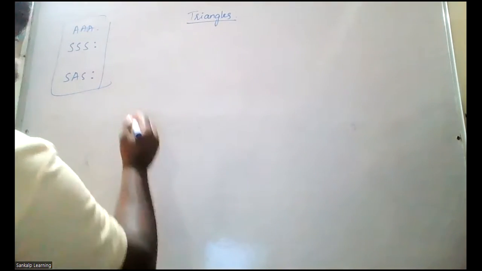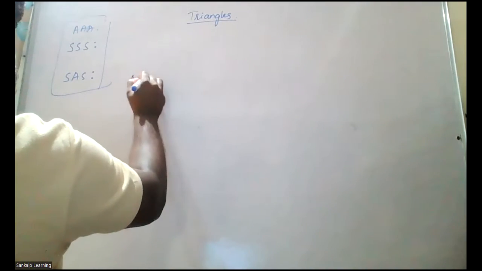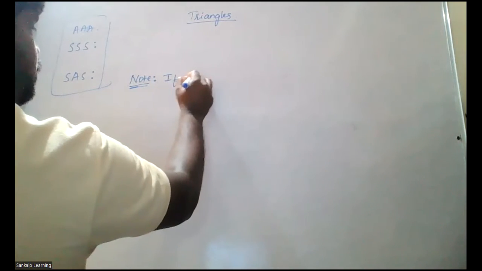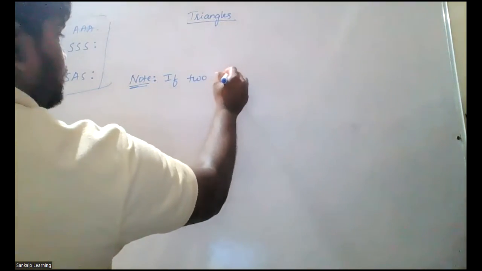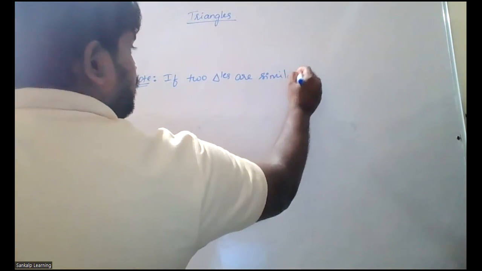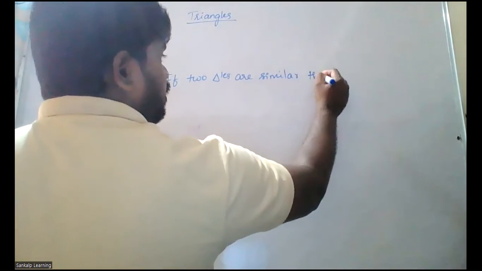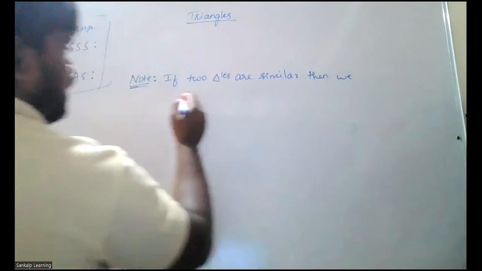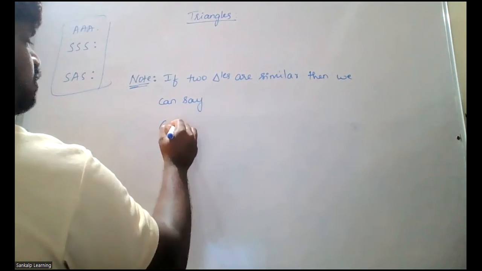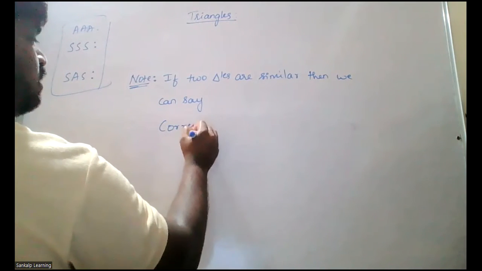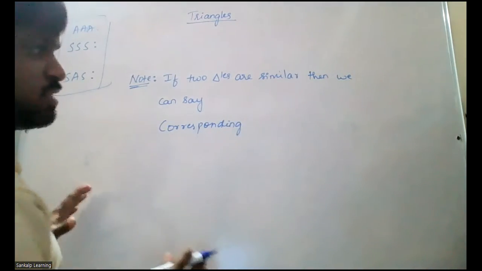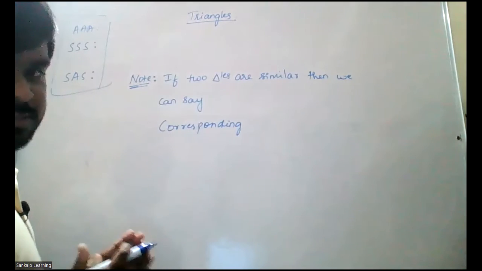Okay. Now, very important note. If 2 triangles are similar, then we can say corresponding angles are equal. Corresponding sides are in proportion. Out of all the things that we discussed, you have to remember this point.